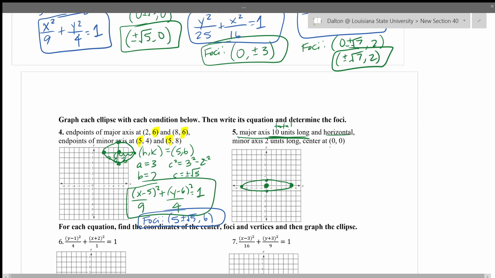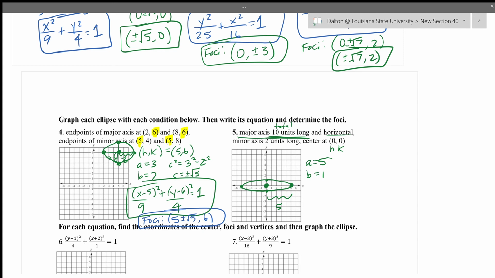Okay, we knew the center already, (h, k) is at 0, 0. a, our longer major axis length cut in half, is 5. And then our minor axis length cut in half is 1. So then we write the equation of our ellipse.